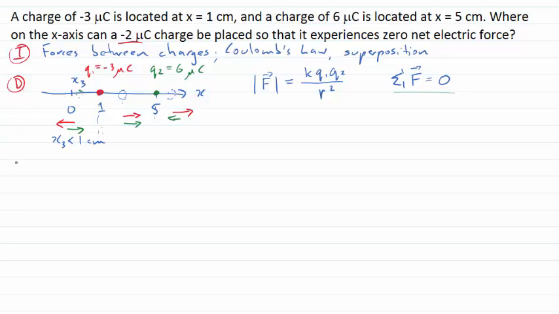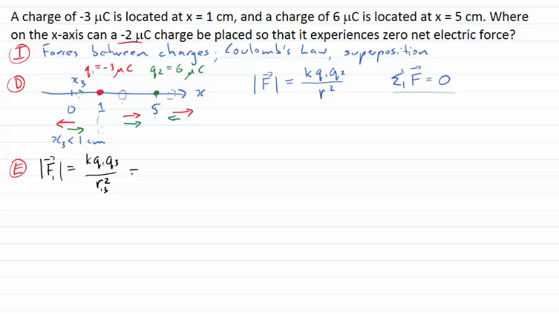So let's move on to the evaluate step in my solution. In the evaluate step, I want the magnitude of force 1, which I can write here as k q1 q3 over r13, that's the separation between charges 1 and 3 squared.